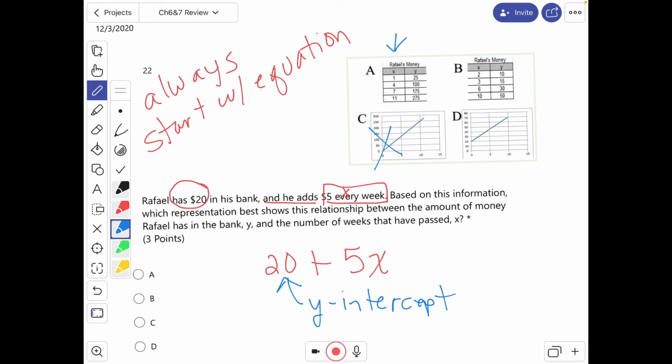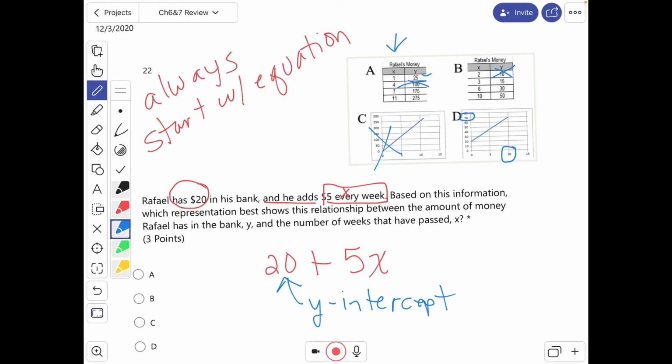If I plug in 1, it would be 5 times 1, which is 5, plus 20 would be 25, so that's right. 4 would be 5 times 4, which is 20, and 20 plus 20 would make 40, not 100. So it can't be A. Try B. If I plug in a 2, 5 times 2 would be 10, plus 20 would make 30, not 10.